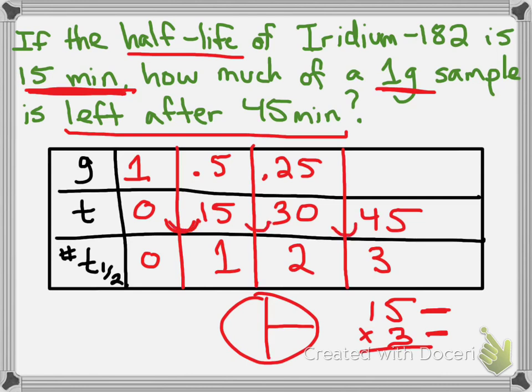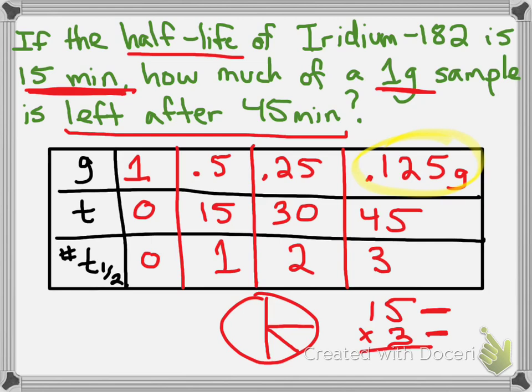So this is plus 15, plus 15, plus 15. Both are the same, two different ways of thinking of the same thing. If I'm cutting this in half again, instead of 0.25, I have 0.125 grams, and that would be my answer.